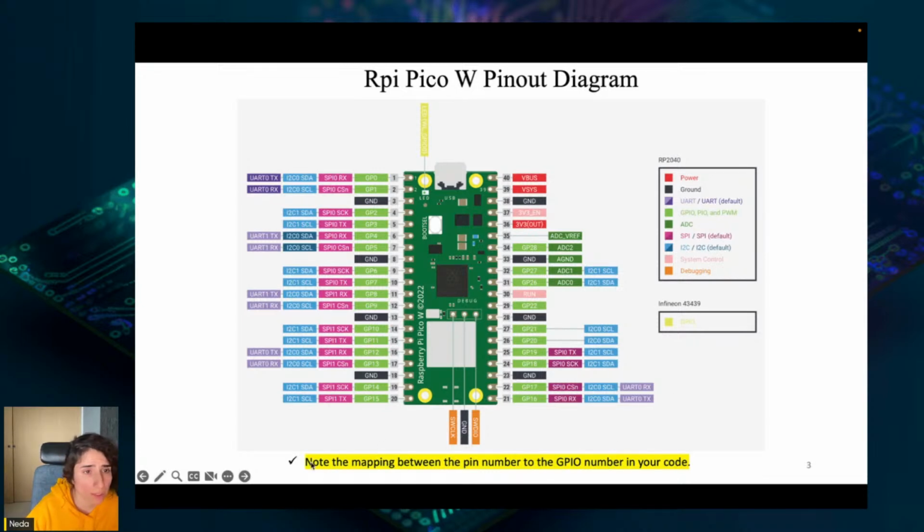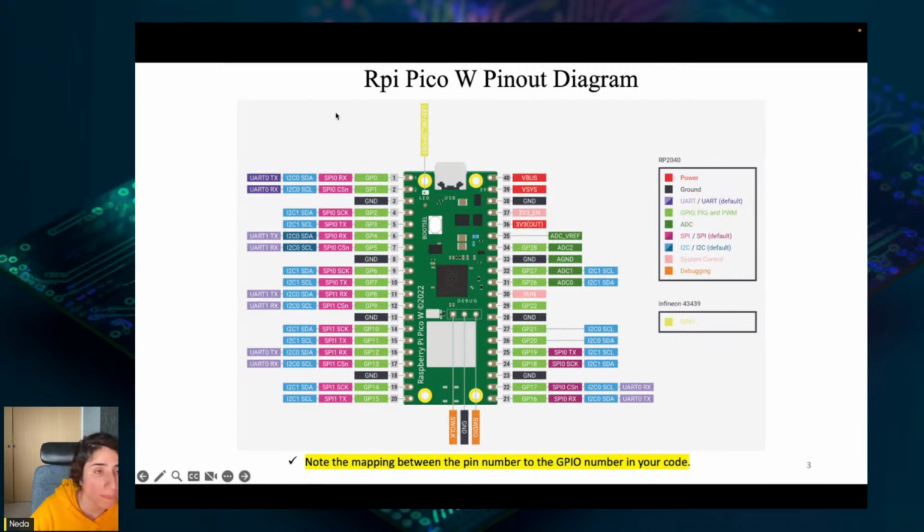Also, I want you to note that when we are going to program the microcontroller like Pico, you should always notice the mapping between the pin number and the GPIO number in your code.